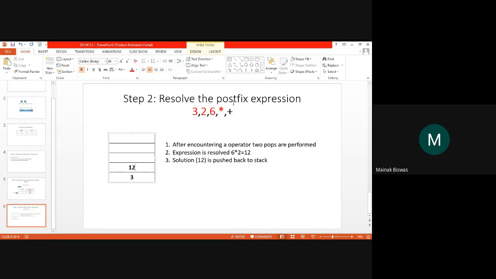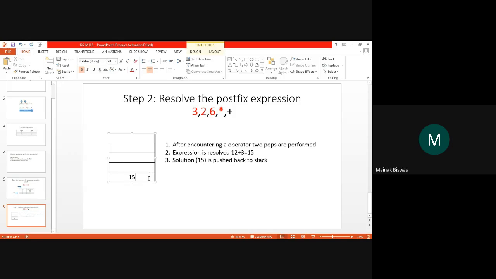Okay. Now this operation is complete. Now again it gets another operation, addition. The addition operation also, this step repeats. We perform two pops. So 12 and 3 are taken out and added. 12 plus 3 is basically 15, and push the solution back to the stack.